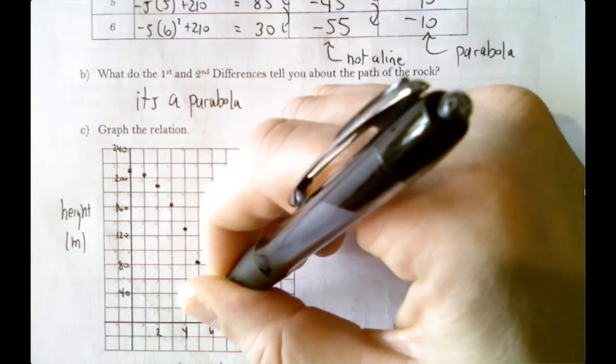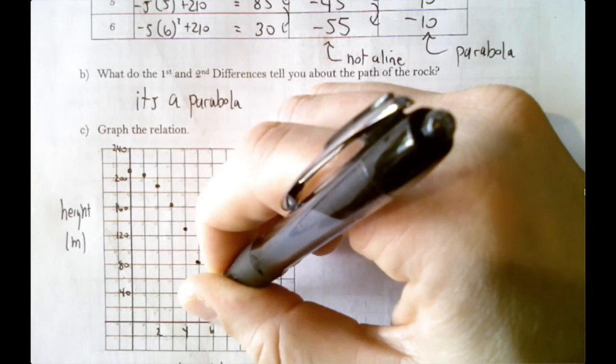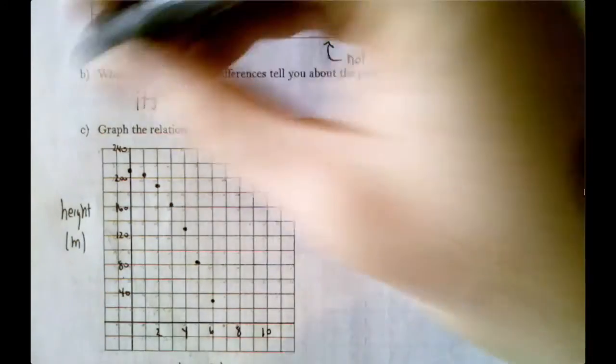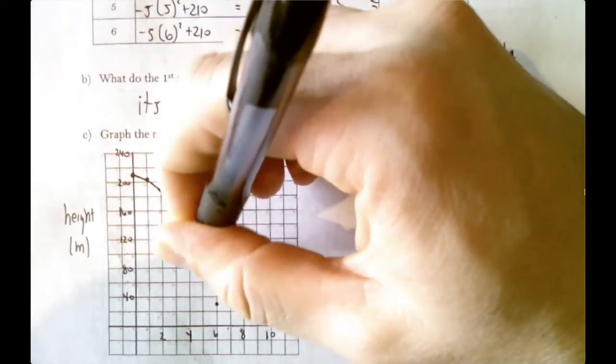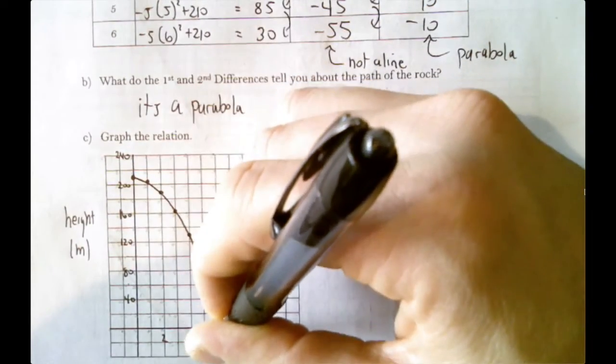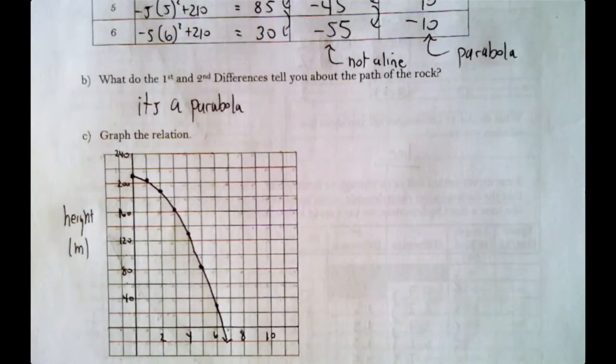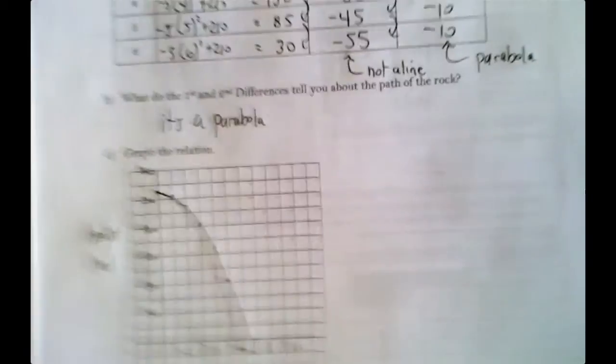And 6 gave us 30. So there's the path of our rock. It starts here, and it falls. If we keep going, it looks like it'll cross right there.